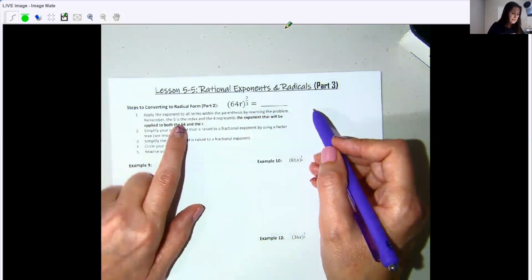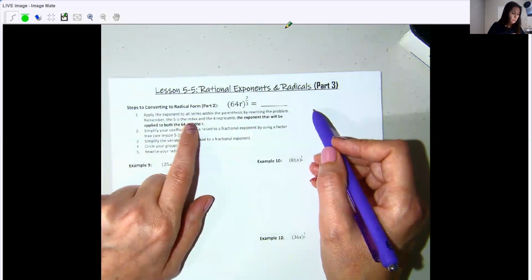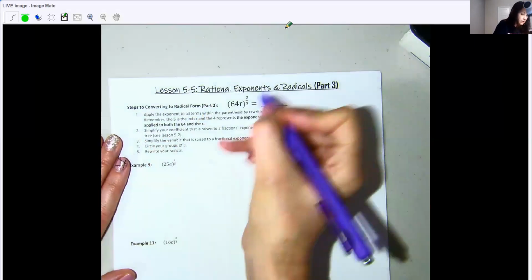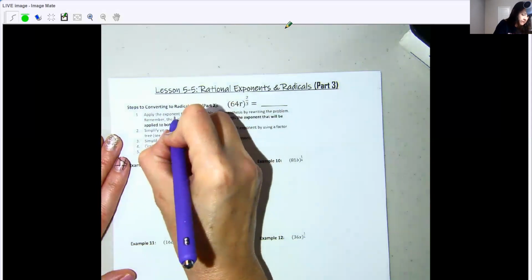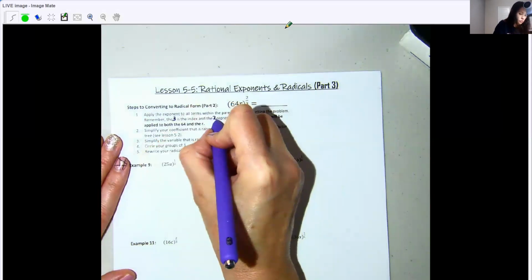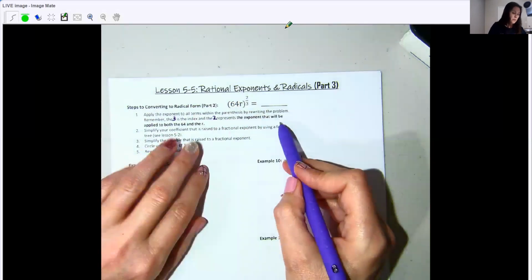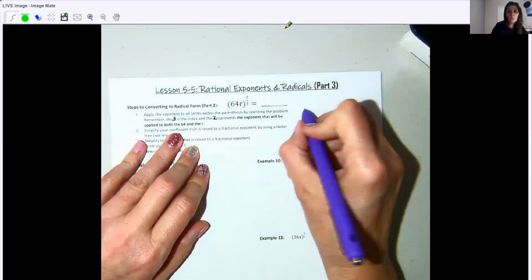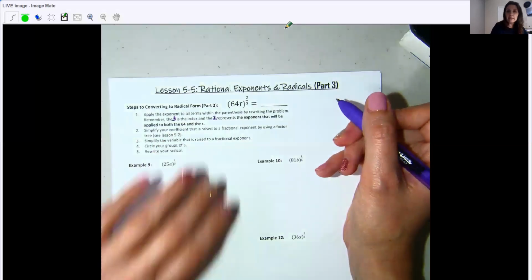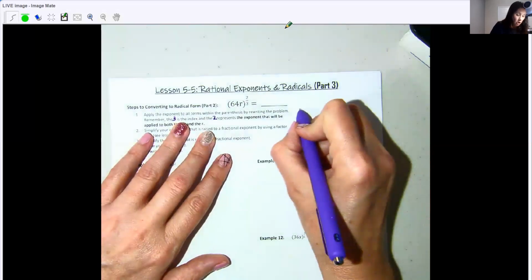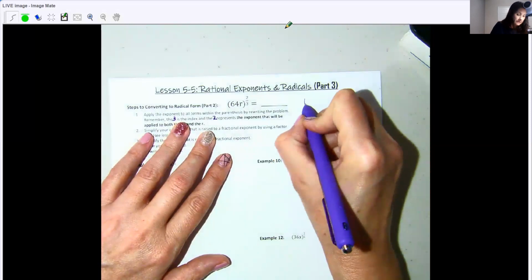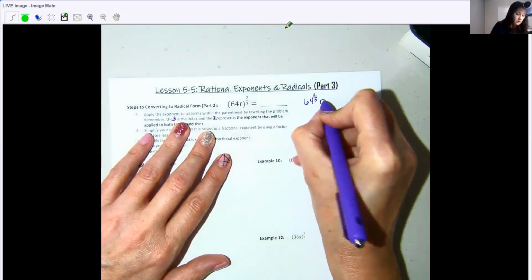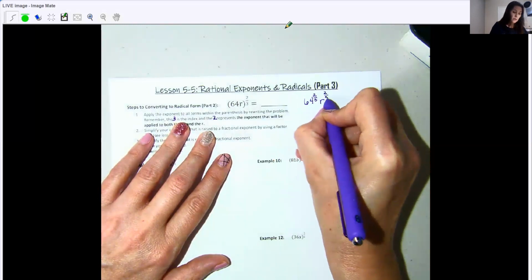Remember, the 3 is the index, and the 2 represents the exponent that will be applied to both the 64 and the r. So basically what we just did in examples 7 and 8. Okay, so we have 64 to the power of 2/3 and r to the power of 2/3.